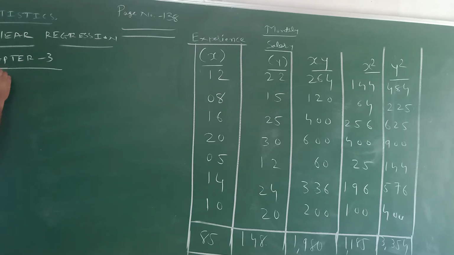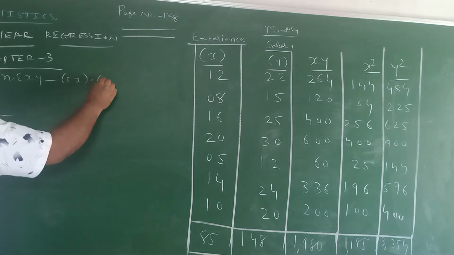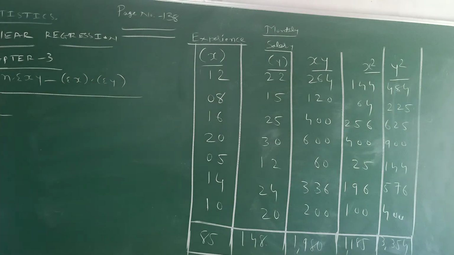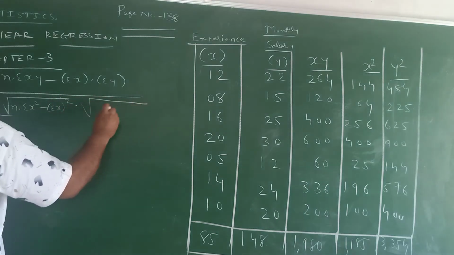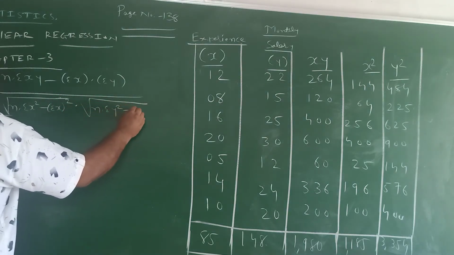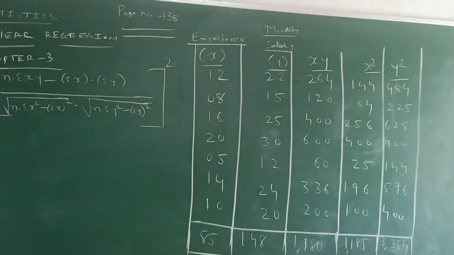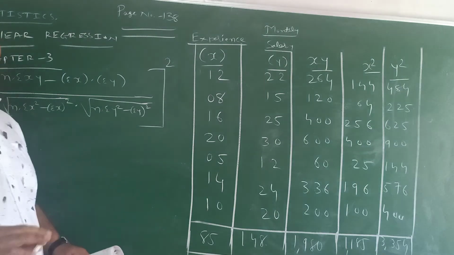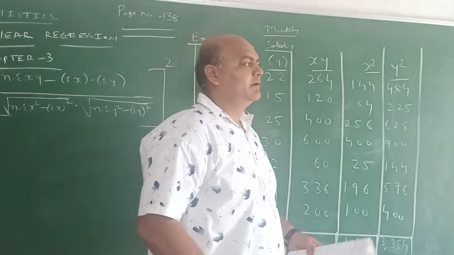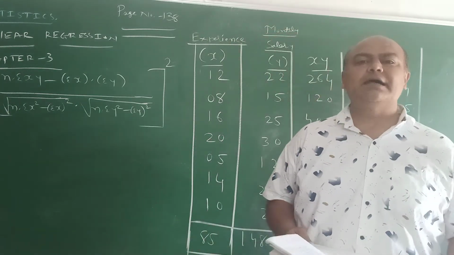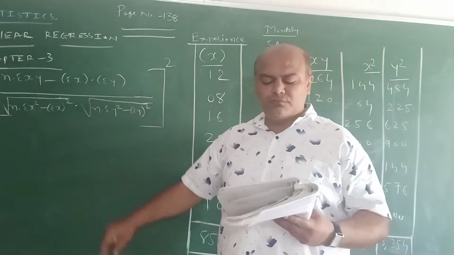The formula we put is n sigma xy minus sigma x into sigma y, upon under root n sigma x square minus sigma x the whole square, into second under root n sigma y square minus sigma y the whole square. We put the square of the whole big bracket because here we have to find R square.